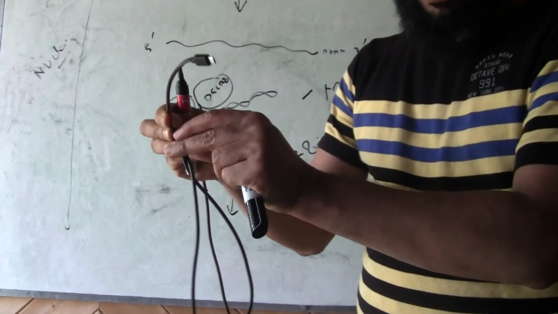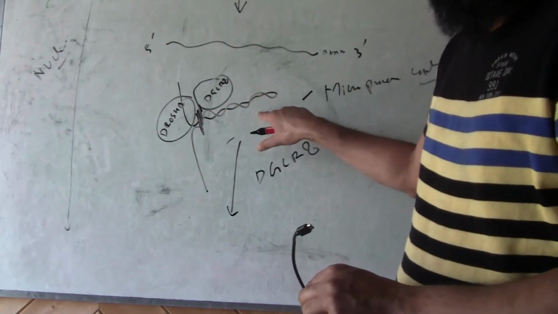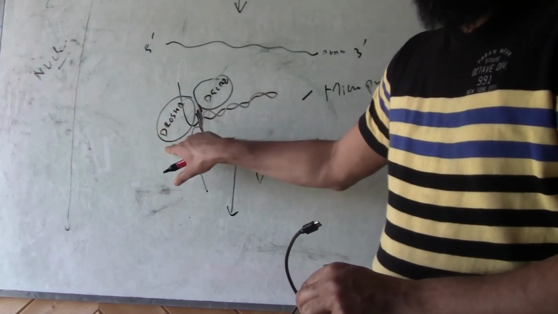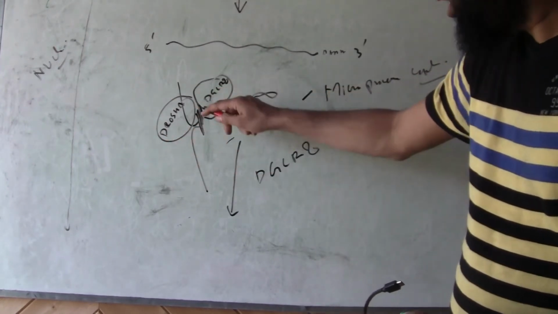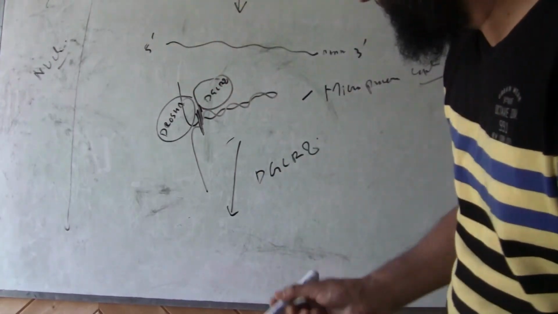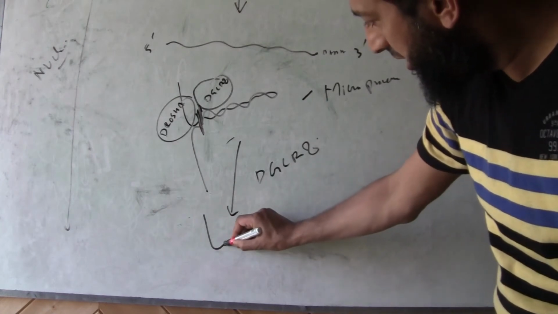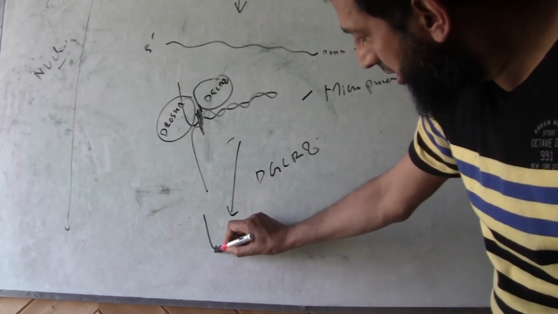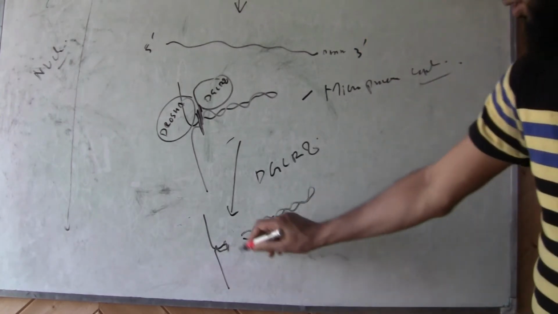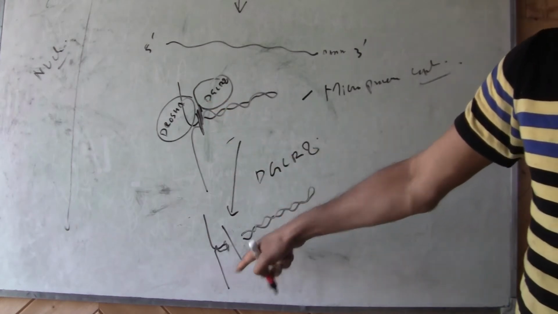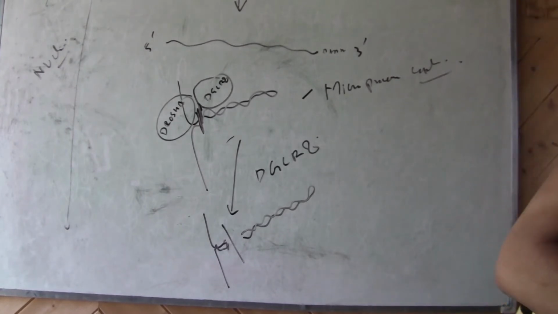This protein comes and binds with this complex here, and this DGCR8 hairpin complex is identified by another enzyme, DROSHA. Okay, and this DROSHA cleaves this complex here, and you have this, and so this is cleaved here. Clear?